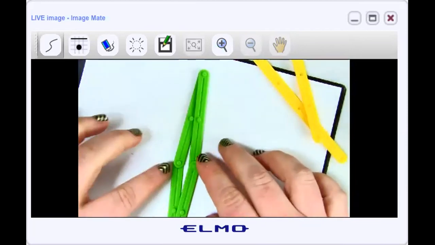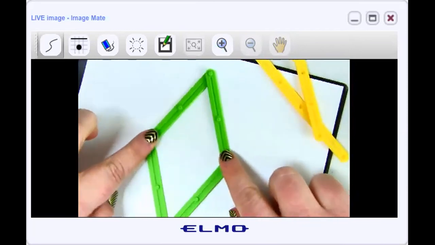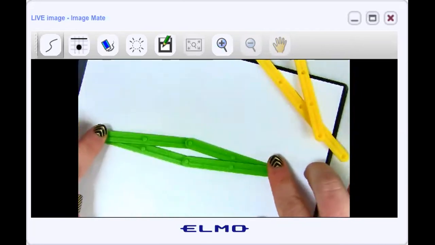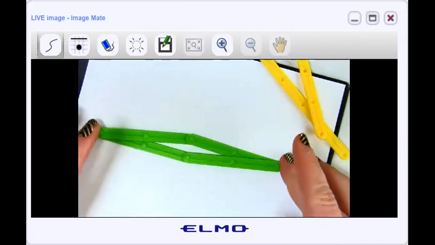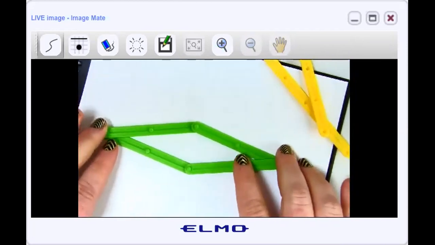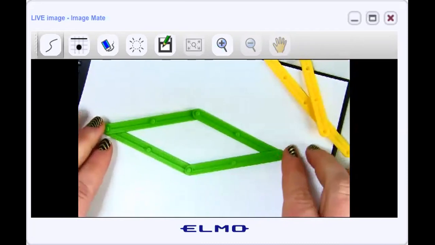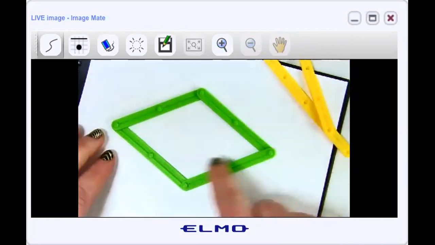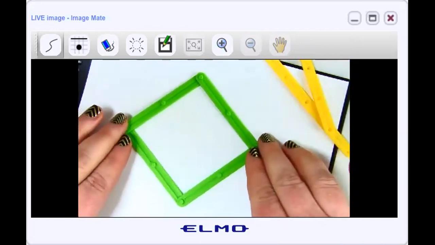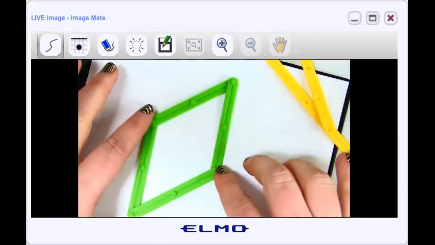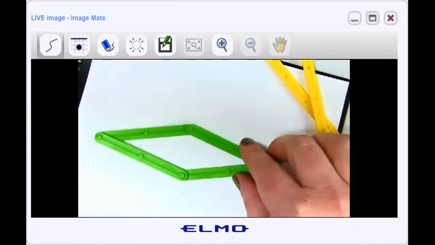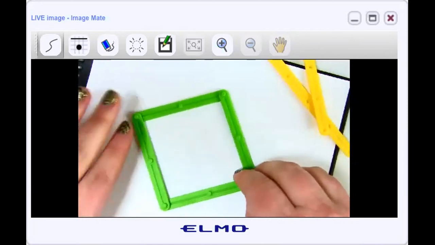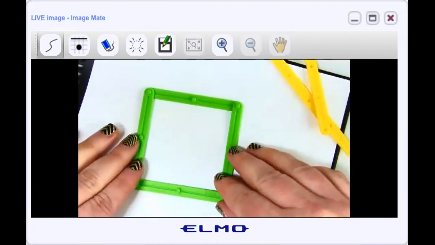It could be a very, very narrow diamond, or it could stretch out, stretch out, stretch out. Any of these would count as a rhombus because it has exactly what it needs. The only definition for a rhombus is that it's a 4-sided figure with 4 congruent sides. So if all my 4 sides are the same, any shape that I can create with these is going to be a rhombus.